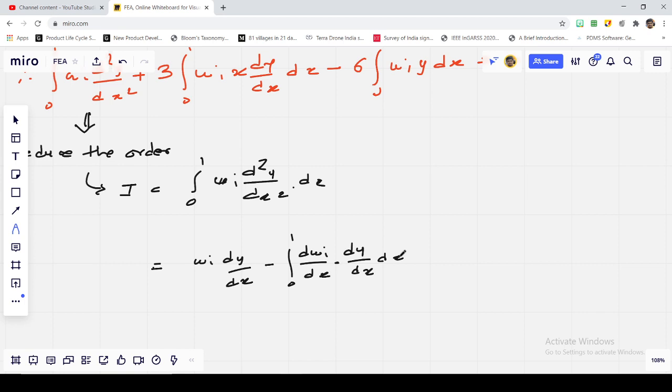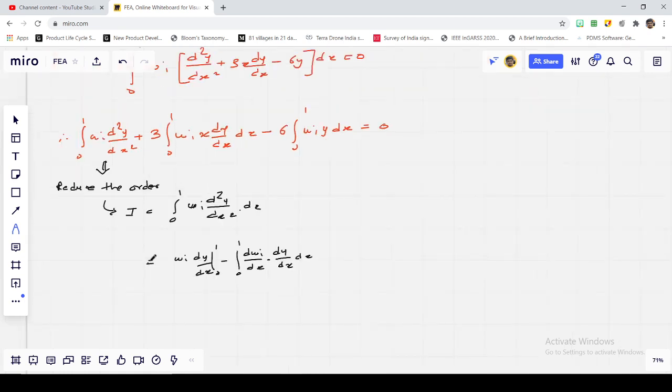So what happened here is the first term got integrated and you get wi into dy by dx, and second you get the integral. So this basically reduced the order of your system.